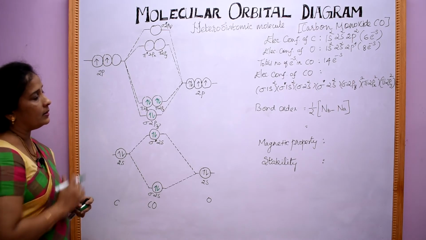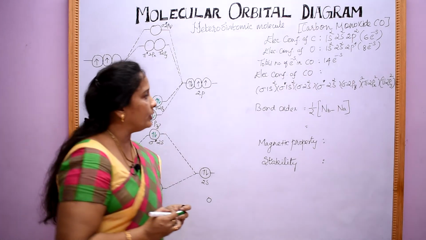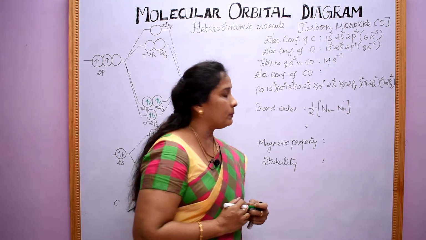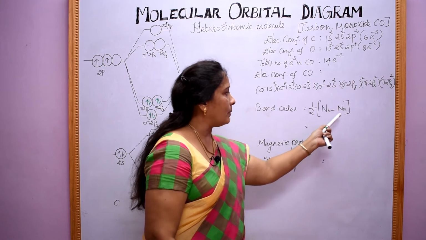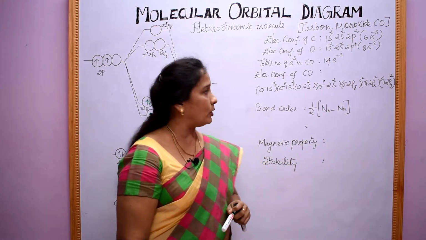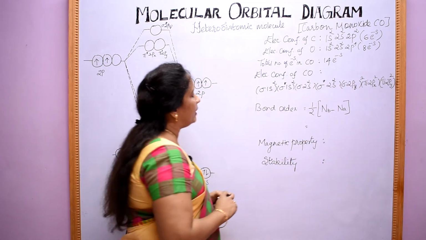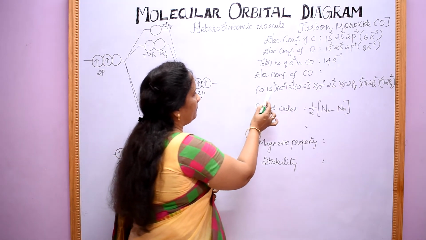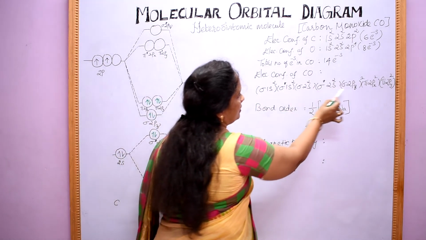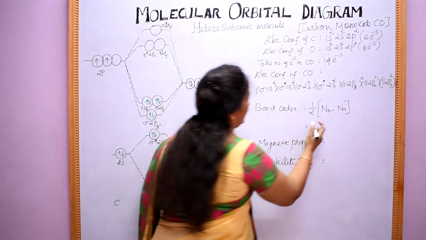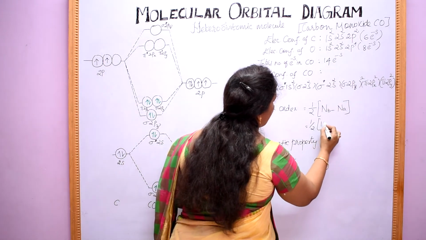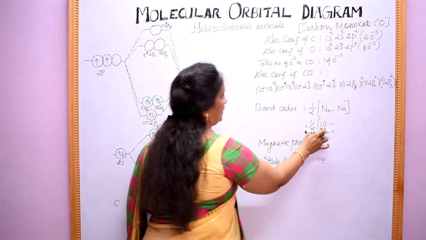Now let us calculate the bond order. We know bond order is equal to 1/2 of the number of electrons in the bonding orbitals minus the number of electrons in the anti-bonding orbitals. Now calculate the number of electrons in the bonding orbitals: 2, 4, 6, 8, 10. So the number of electrons in the bonding orbitals is 10.